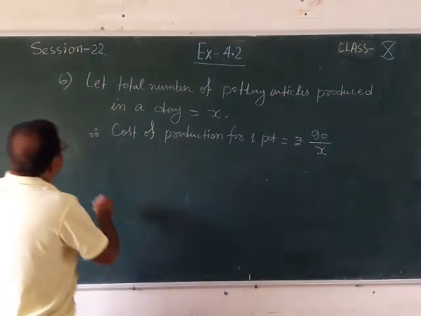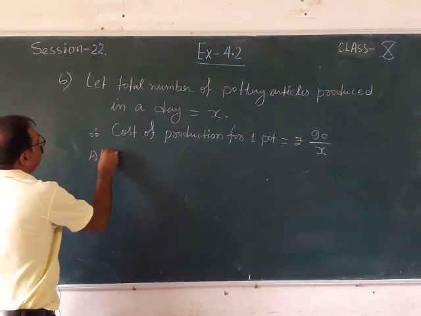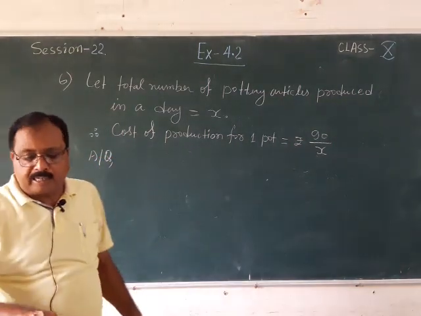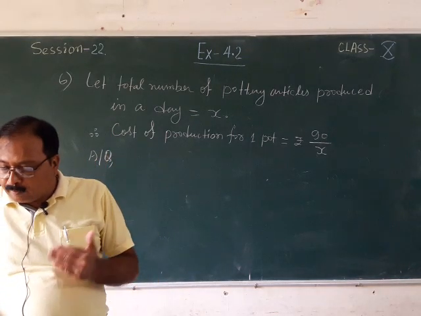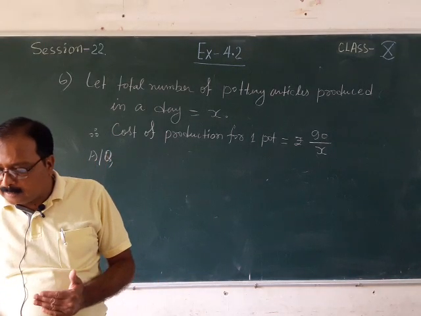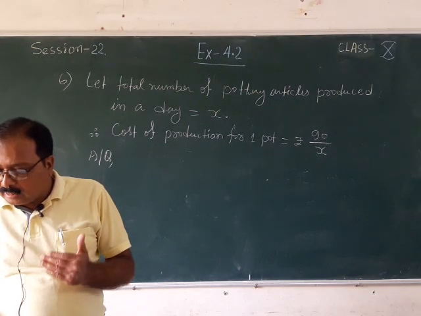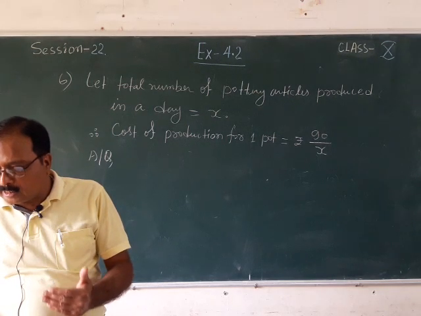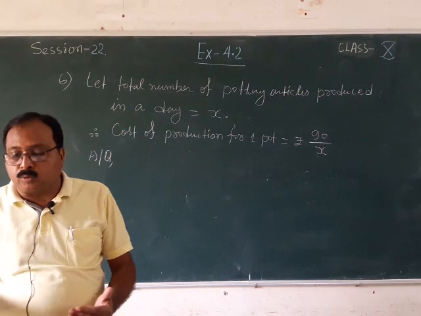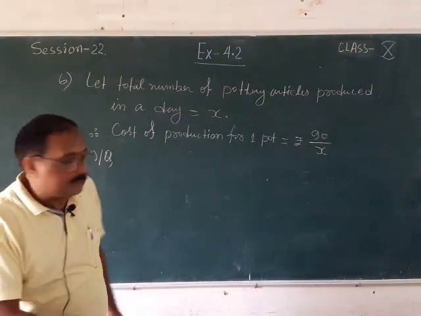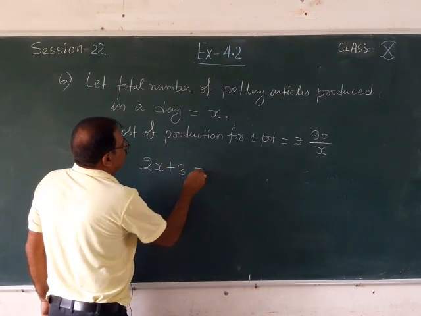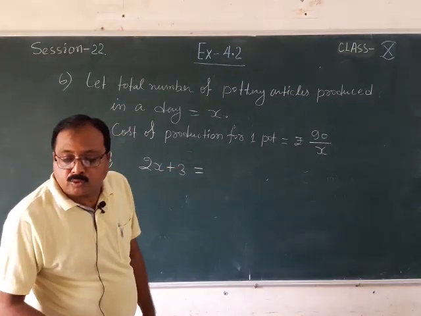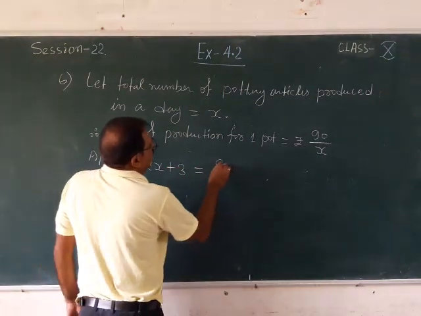But according to the question, it has been told that it was observed on a particular day that the cost of production of each article was 3 more than twice the number of articles produced on that day. That means 2x plus 3 is equal to 90 upon x.